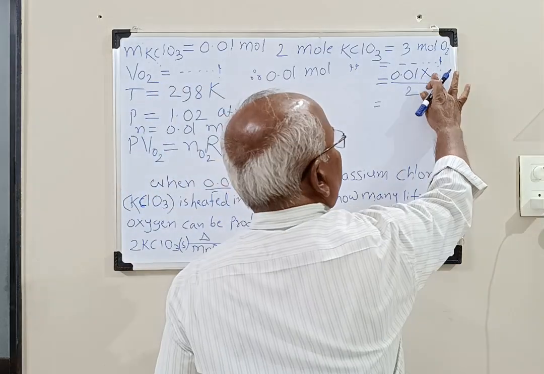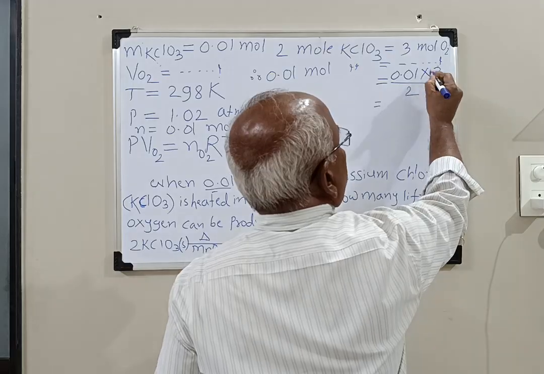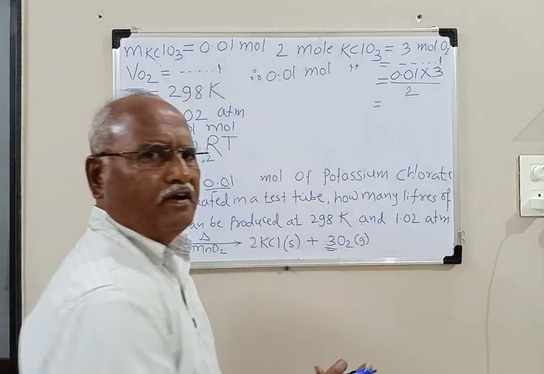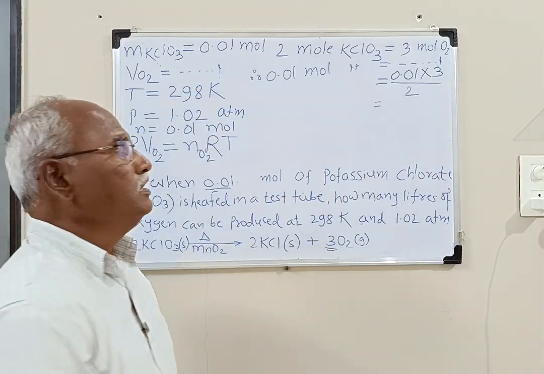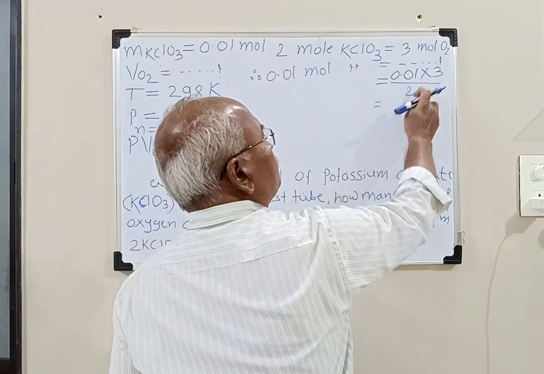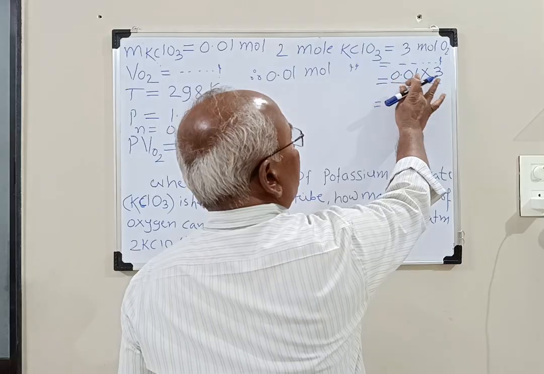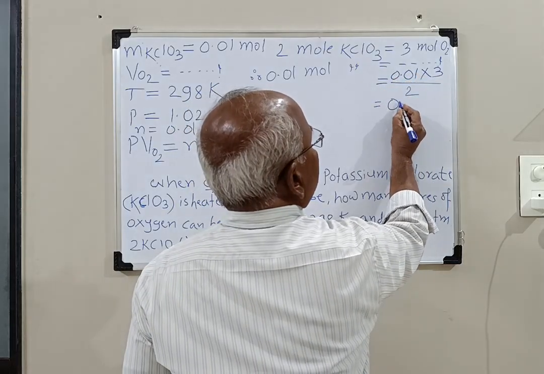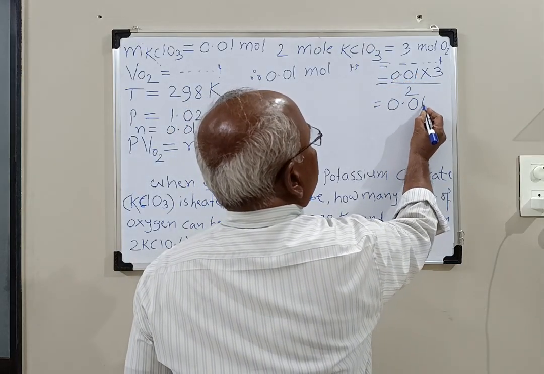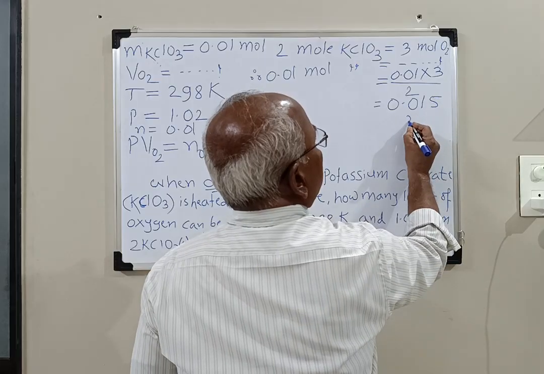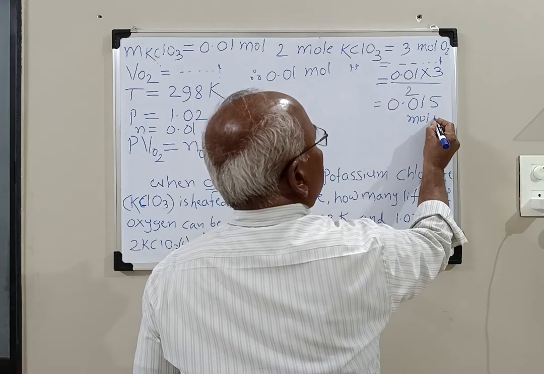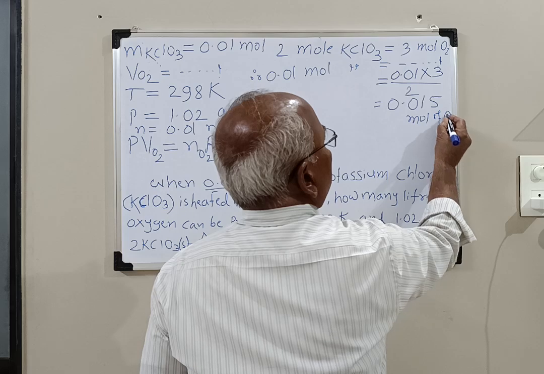Therefore, here not 6, here it is 3. Simplify, very simple calculation. 3 divided by 2 is 1.5 into 0.01. The answer is 0.015 mole of O2.